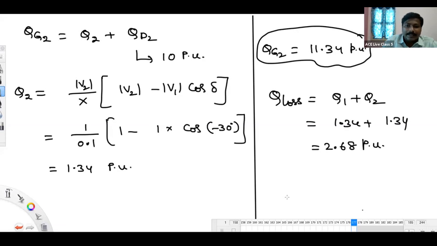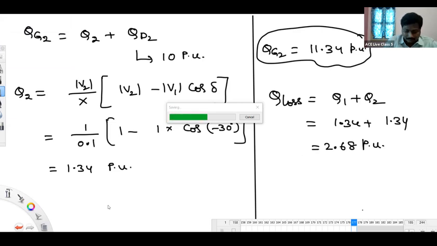Okay, so these are various problems on the two-bus system. Without doing this whole calculation, can you tell the answer for this problem? Of course, by this calculation you can come to know one of the options as your answer. I think it is C. What is the correct option?